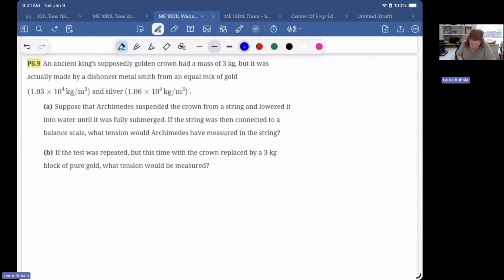Here, let's go ahead and write down what we have. So we're given that the crown, so it's something that's not easy to get the volume of because it's such an irregular shape. The crown has a mass of 3 kilograms.